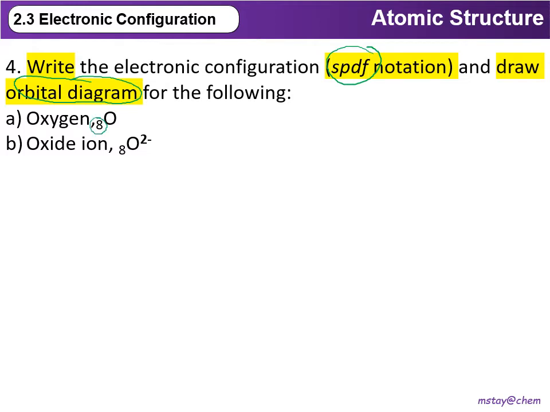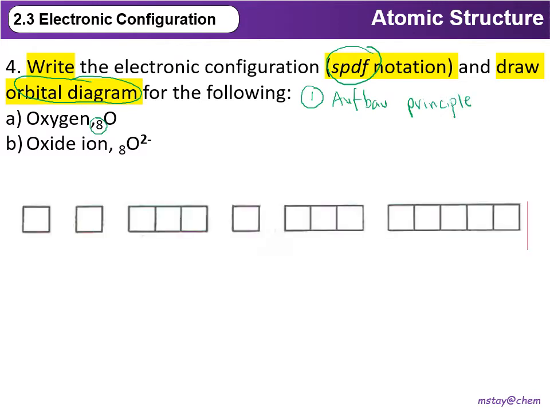Among the 3 rules of principle, the first one we always follow is the Aufbau principle. According to the Aufbau principle, the electrons have to fill up into the orbitals based on the energy. We have to fill into the lowest energy first.